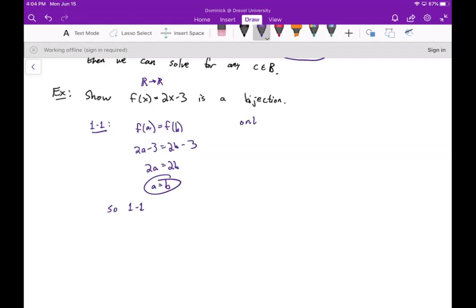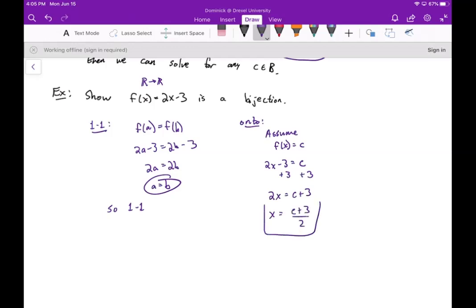Now for onto, we're going to assume that f of x is equal to c. Right? So if f of x is equal to c, then we get 2x minus 3 is equal to c. Now if I solve this for x, I'm going to get that 2x is equal to c plus 3, and so x is equal to (c plus 3) over 2.